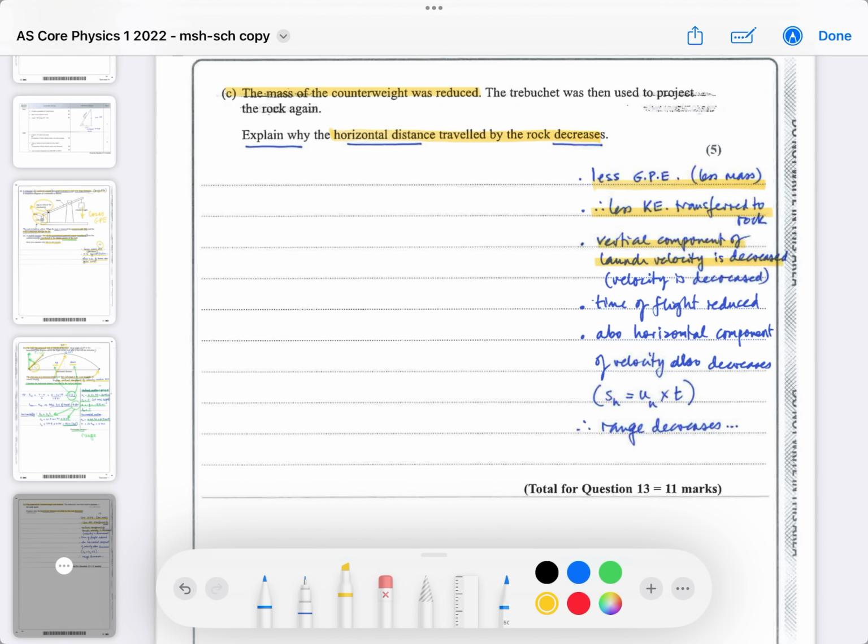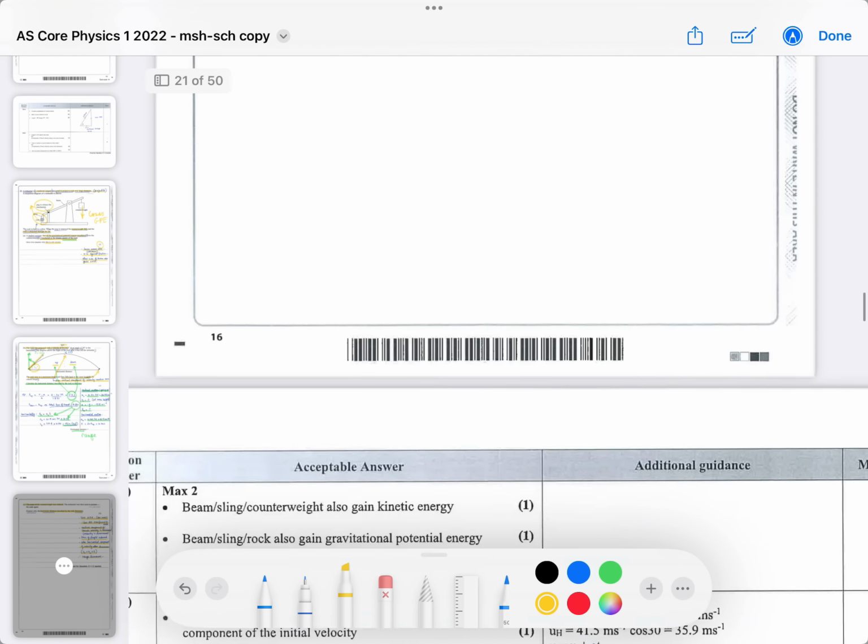If the launch velocity is decreased, the time of flight is reduced. If the time of flight is reduced, the horizontal component of velocity will also decrease, and the time will decrease as a double whammy, so the range will decrease. So as long as you get all those points, you'll definitely get the 5 marks. And here's the mark scheme.